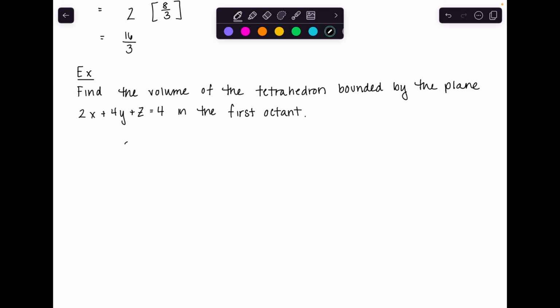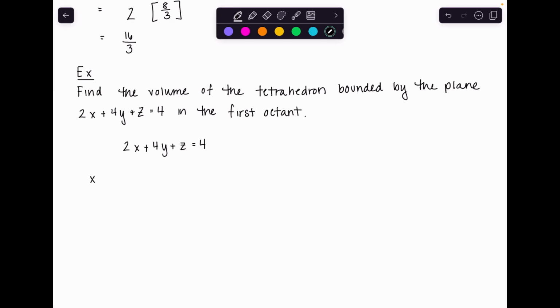So if I want to graph this, because I'm definitely going to need to figure out my bounds, if I were to graph this plane, basically I want to see where it intersects all of the coordinate axes, because I'm really just looking in that first octant. I know it's going to be a shape like this, but what does that intersection look like just in octant 1?